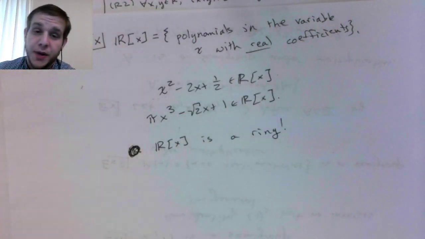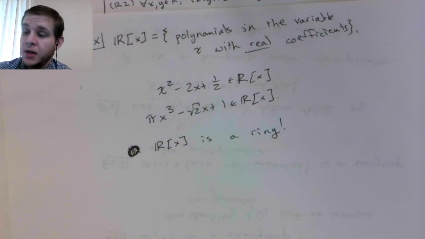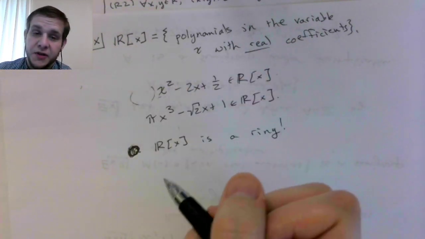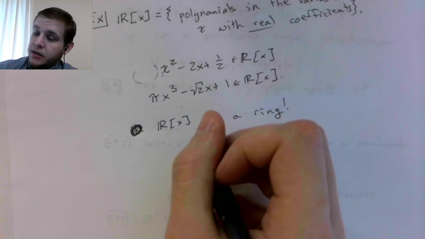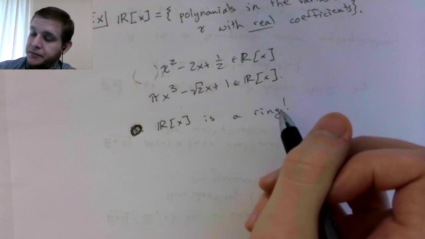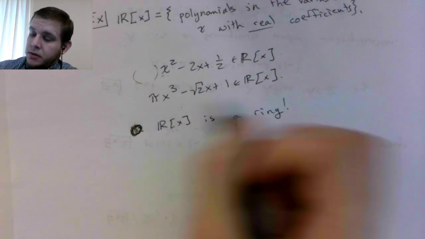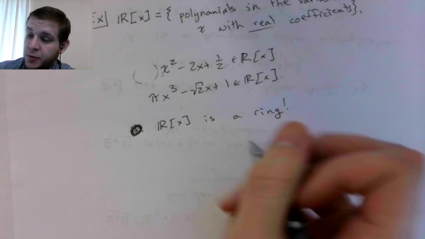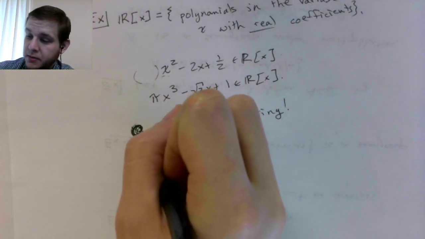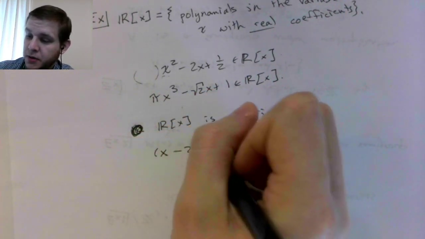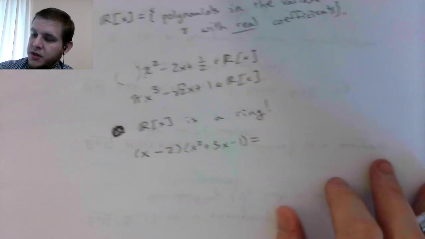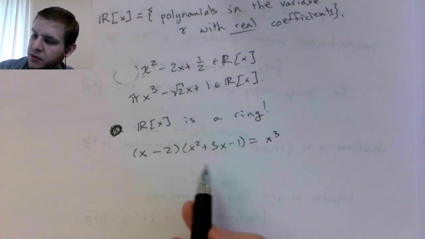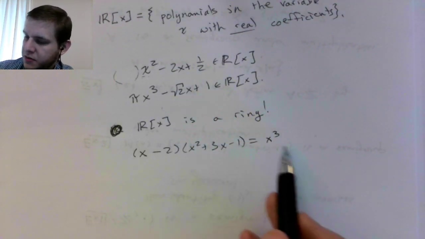I can certainly add two polynomials and get a polynomial. I can just factor out the x squared term, and so the coefficients are going to be real numbers again. And I can multiply them as well, using the distributive property. So like x minus 2 times x squared plus 3x minus 1 is, well, what's the x cubed term?